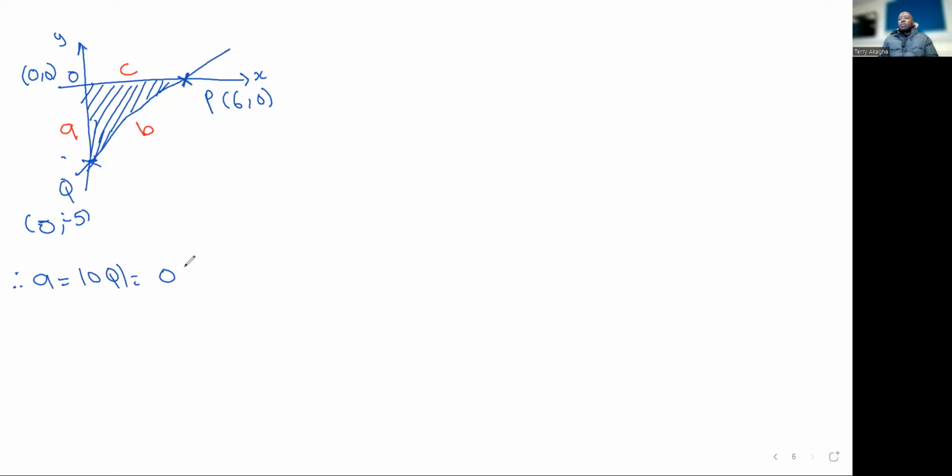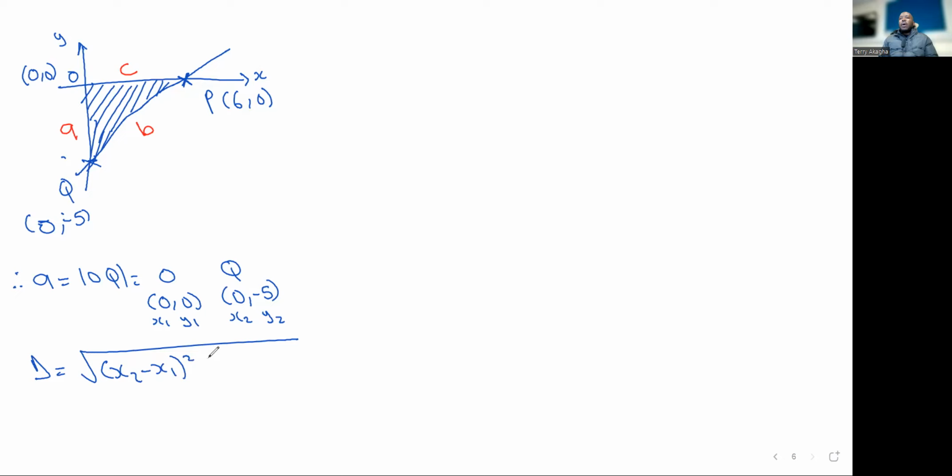We know O is 0 and 0, and we know Q is 0 and minus 5. Okay? So this is x1, y1. This is x2, y2. So apply the distance formula. The distance formula is equal to the square root of x2 minus x1 squared plus y2 minus y1 squared.